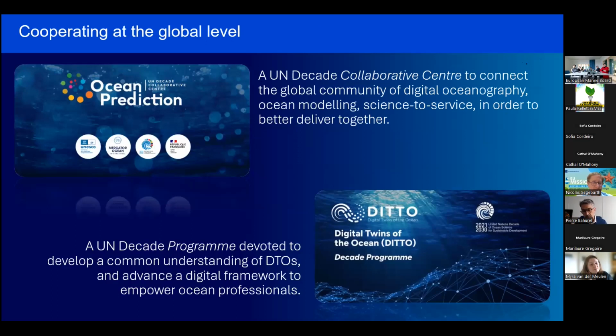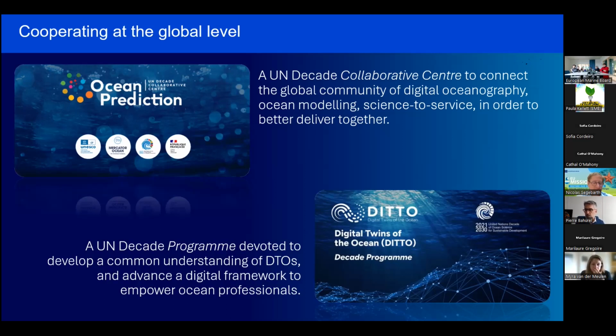If we start something in Europe, we want to be connected with something international. The DTO has done fantastic work to immediately connect with initiatives everywhere, identifying the different levels of maturity and definition of digital twins, and trying to set vocabulary. The work of Ute has been mentioned already. This is a program inside the UN Decade that is really stimulating innovation worldwide.